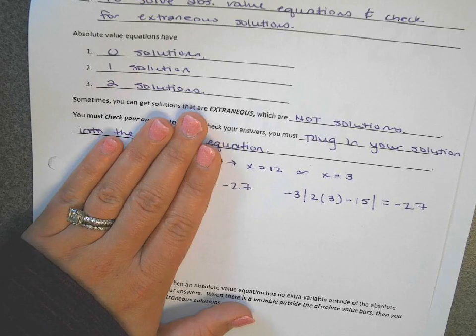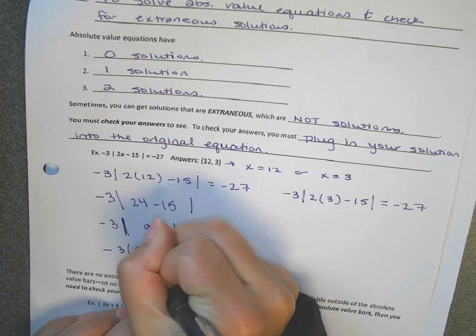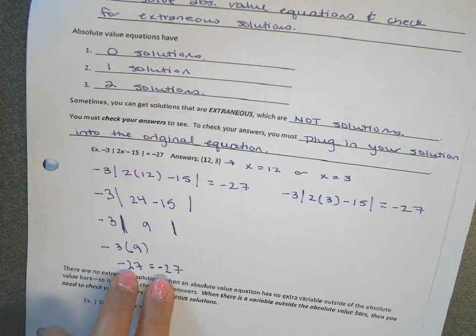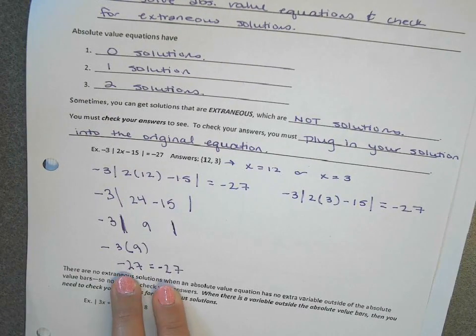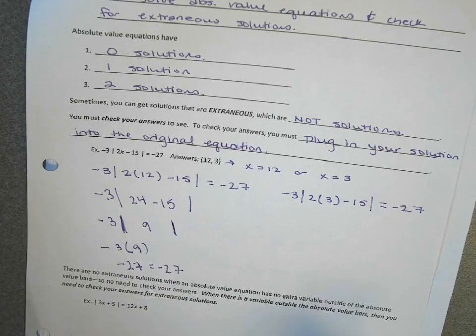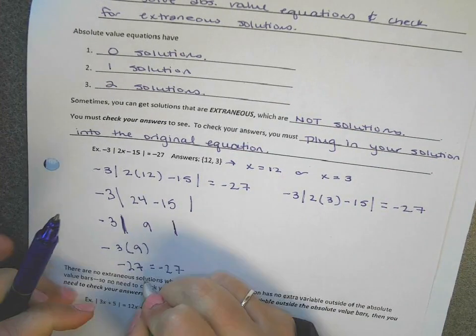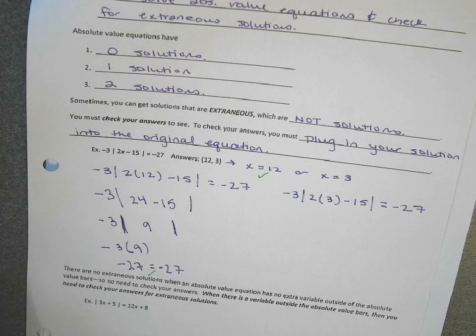But wait a minute, the right side's already a final number. It's just negative 27. So let's write that down at the bottom. Is negative 27 equal to negative 27? Yeah. Okay, cool. So that means x equals 12 is actually a solution. When we plugged it in, it worked. It's a solution.